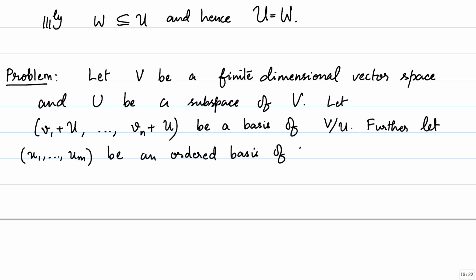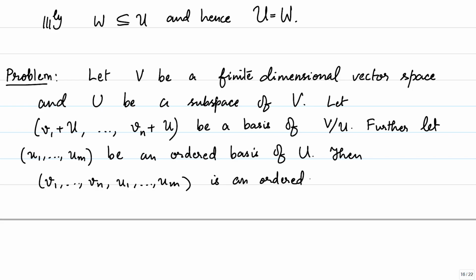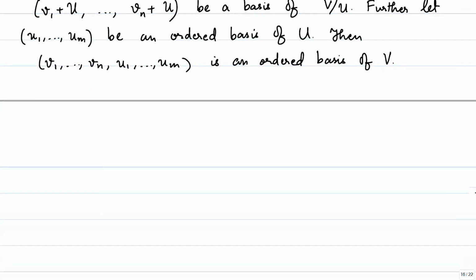The problem is to show that then V1 to Vn, u1 to um is an ordered basis of capital V. So in particular, if we have one ordered basis of V mod U and an ordered basis of capital U, then we will be able to get hold of a basis of capital V. So let's prove this statement.